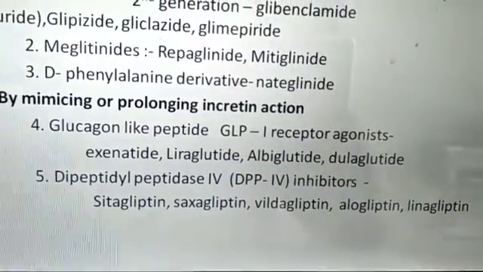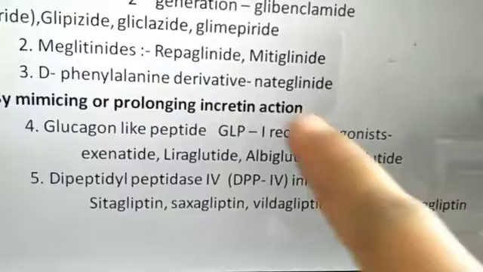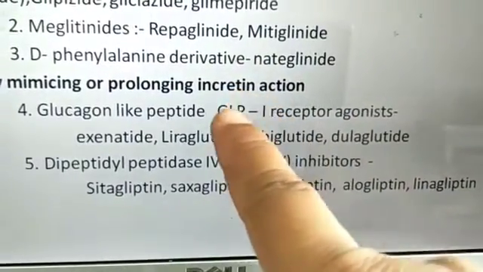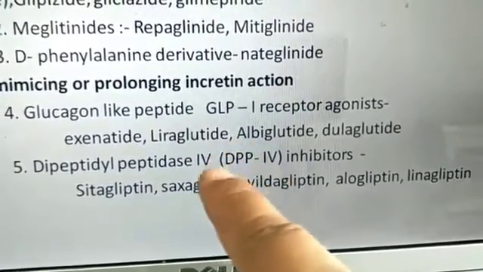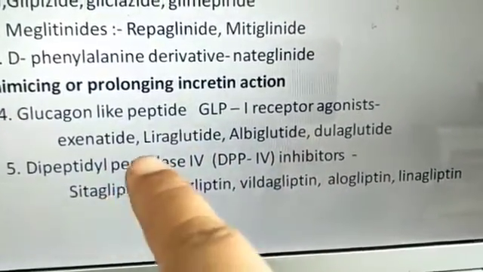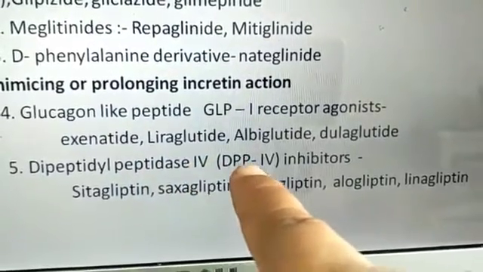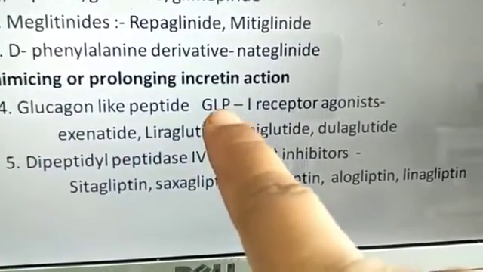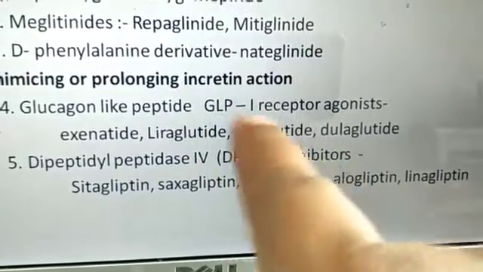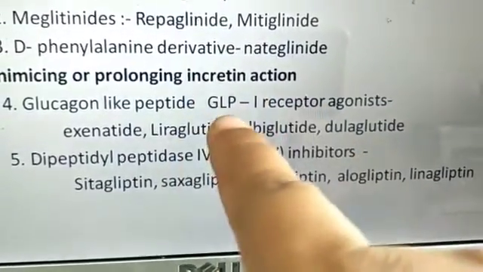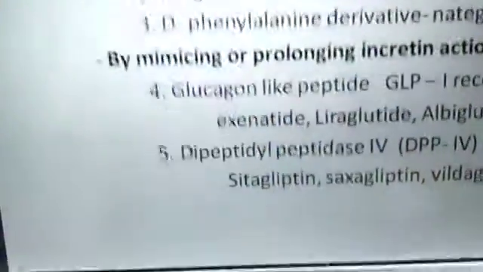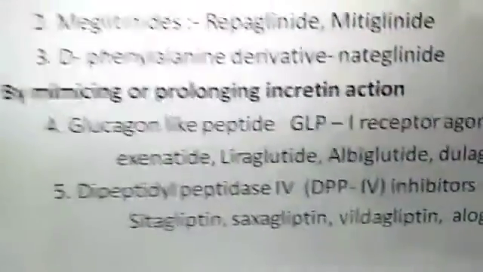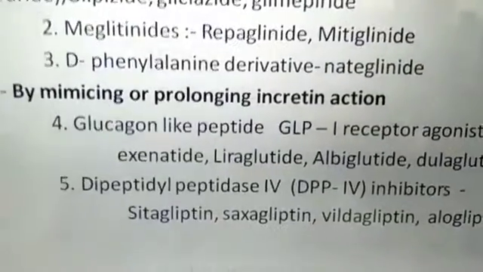Then after exerting their action, the incretin GLP is metabolized by the dipeptidyl peptidase 4 enzyme. DPP4 causes metabolism of GLP. So inhibitors of this enzyme will make GLP longer acting. Simple. Incretin or GLP you can read as one thing: a gut hormone which increases the secretion of insulin.